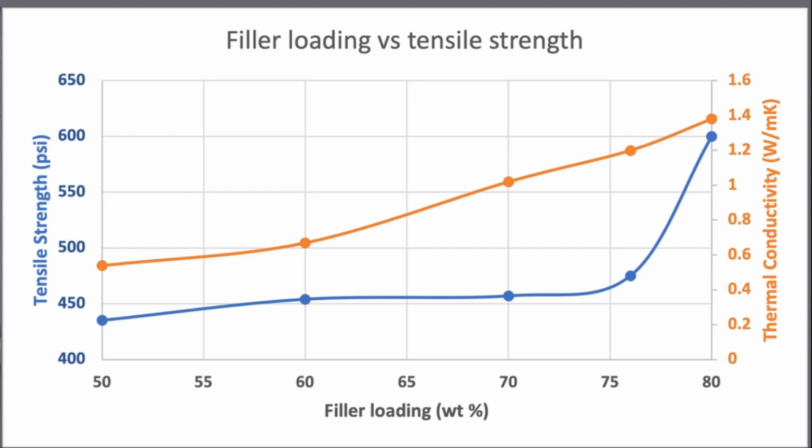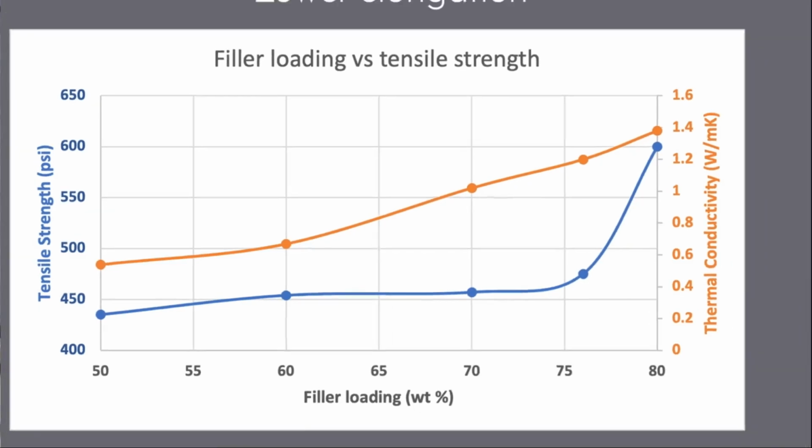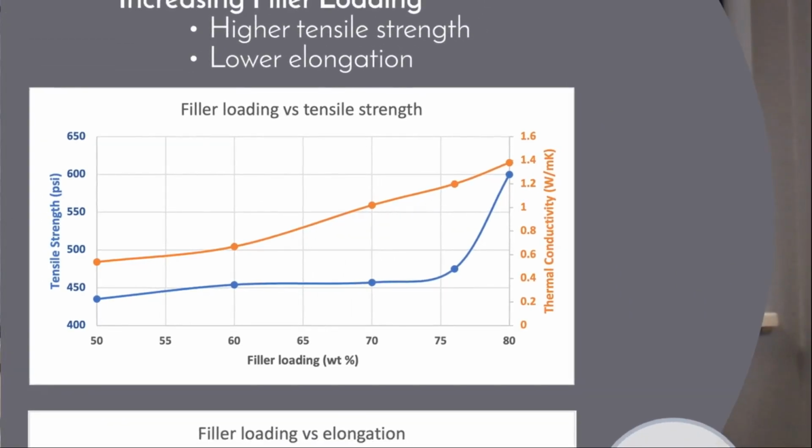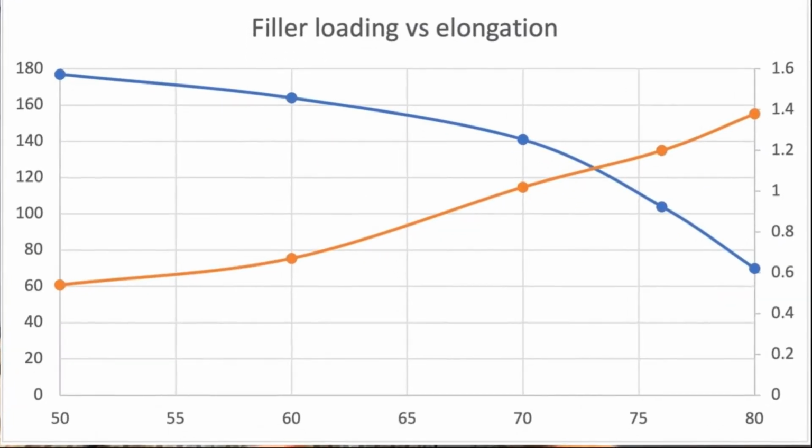And ultimately what's happening here is you're getting a greater and greater influence of the filler particles on the tensile strength of the polymer. And that tensile strength is going up because the tensile strength of the mineral is higher than the polymer. Conversely, you have less and less polymer, which is the elastic portion, all right?